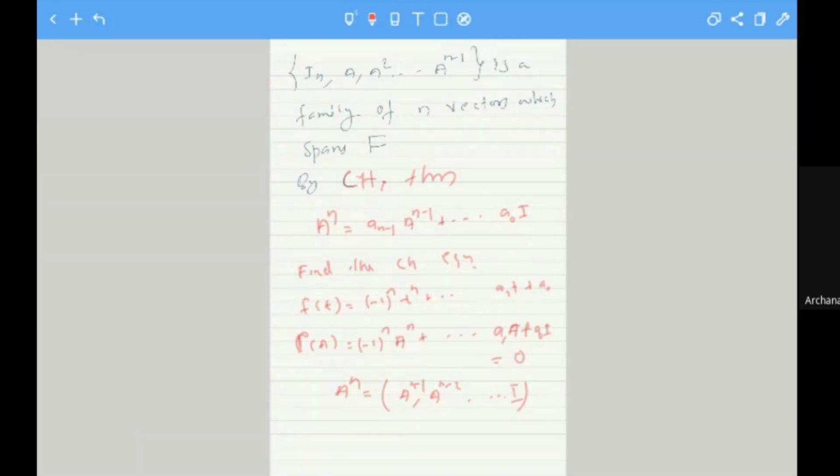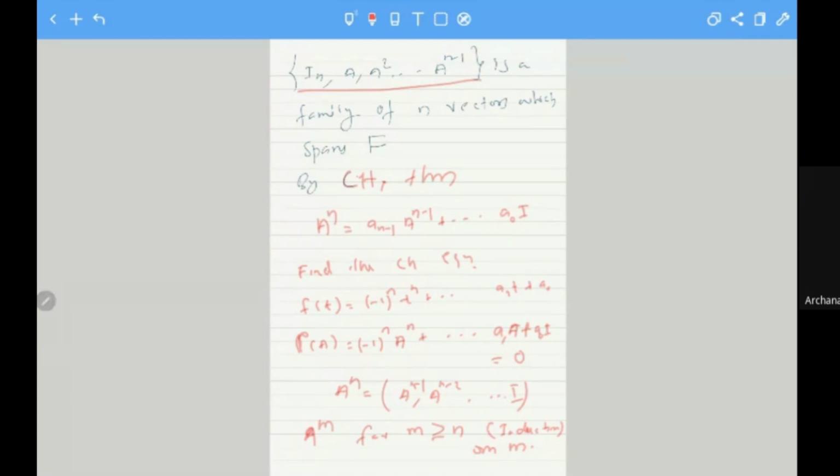So for A to the power m with m greater than or equal to n, that can also be written in terms of these elements by induction on m. Any element A^m with m greater than or equal to n can be spanned by these elements, right?